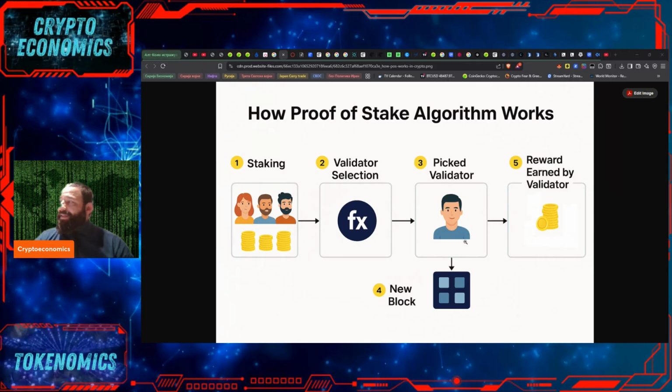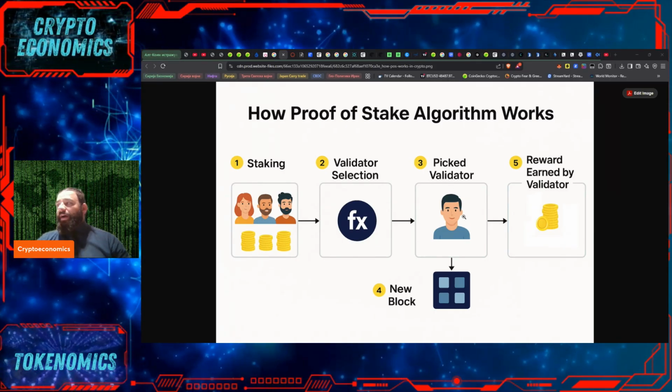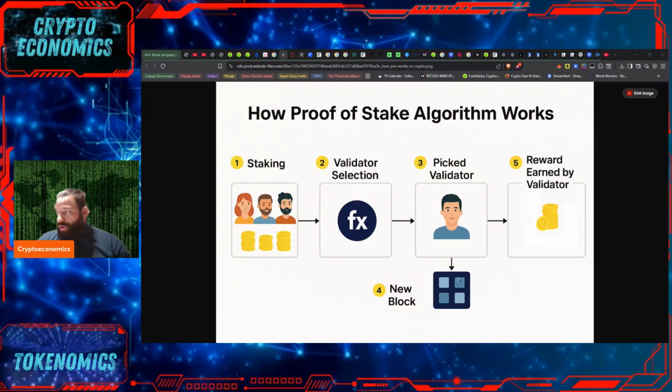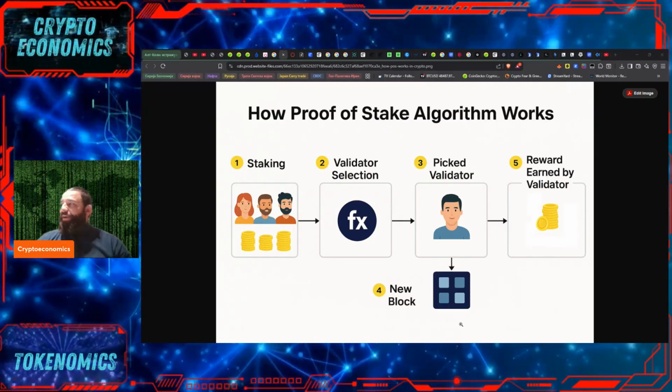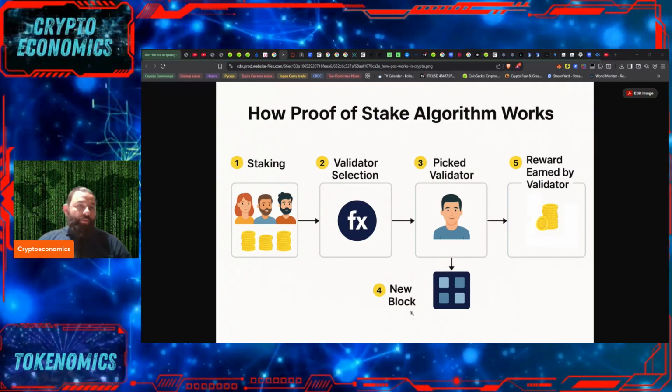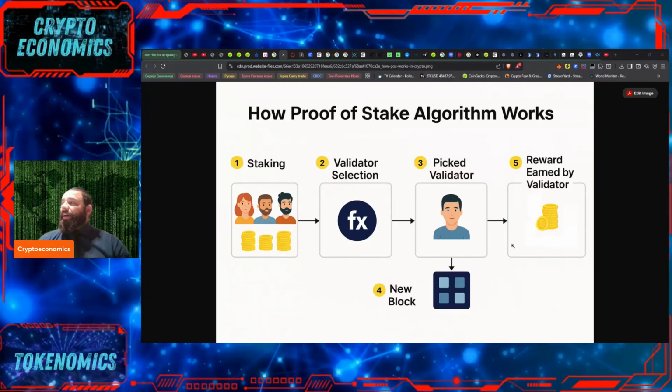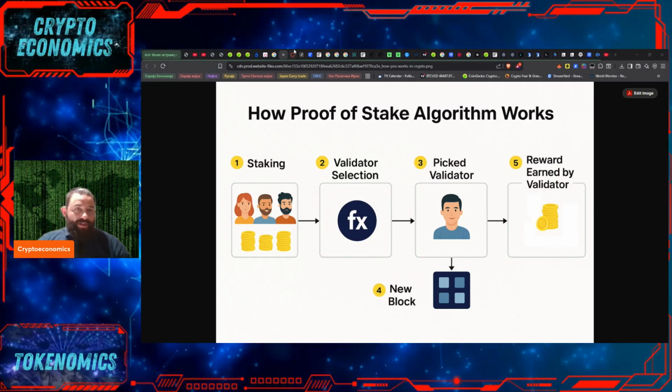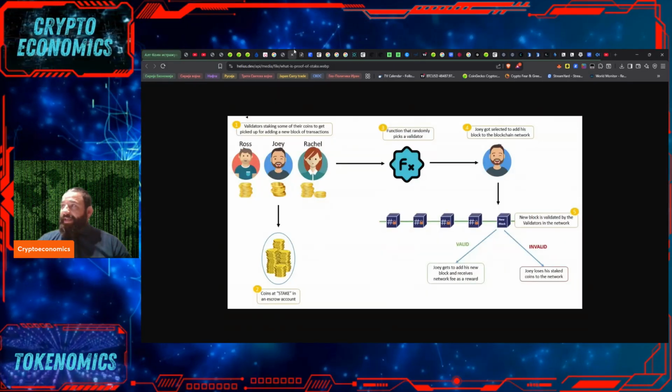For this reason, the validators are allowed to write blocks on the blockchain. And for every block that they are chosen to write, they get a reward which they share among themselves and the other people that have delegated their coins to this particular validator.